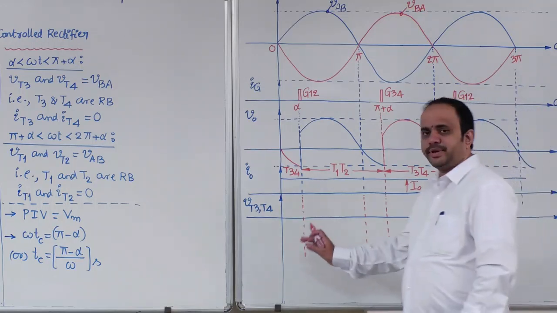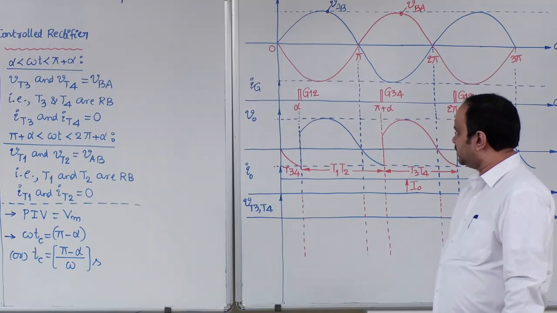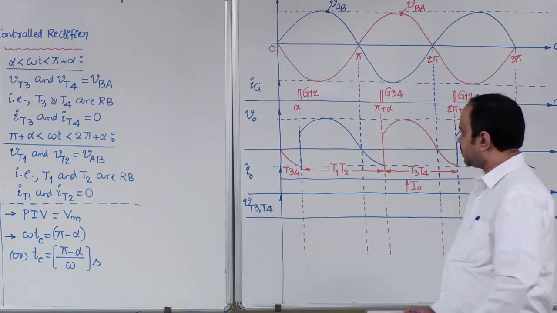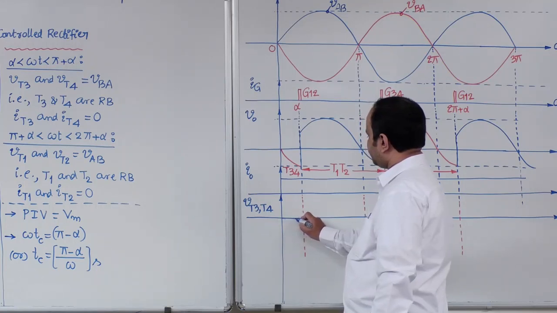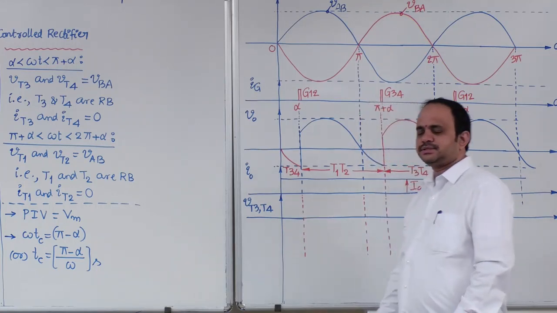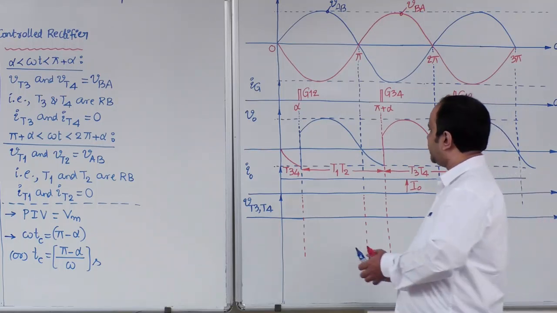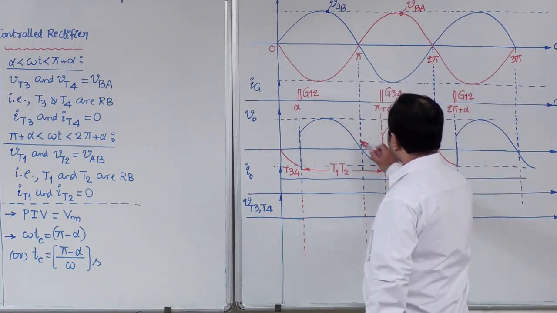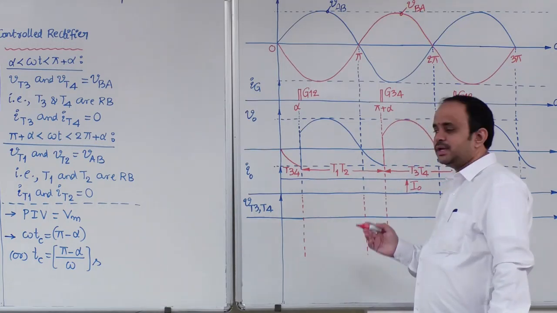Now the next waveform is the voltage across the T3 T4 pair. Okay. The procedure is the same as earlier. From 0 to alpha, the T3 T4 pair is in conduction. Hence, the voltage across the T3 T4 pair is 0. Next, from alpha to pi plus alpha, the T1 T2 pair is in conduction.